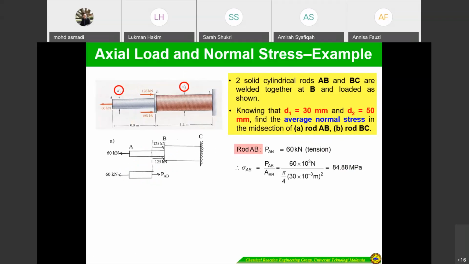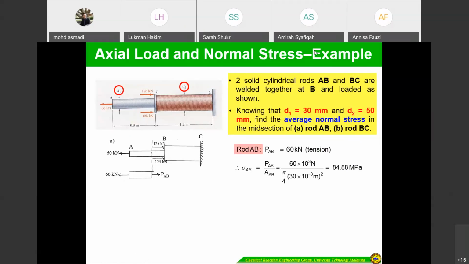Method of section is very important, even if you want to analyze the torsion for each section. Torsion applies the knowledge of moments for each section. So you have to master this method.